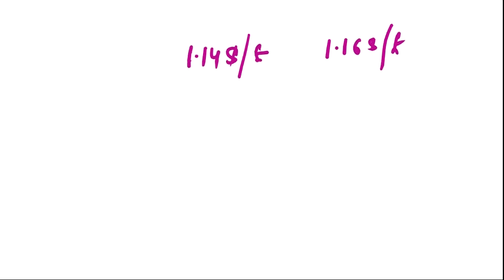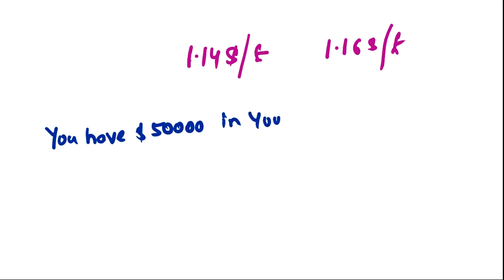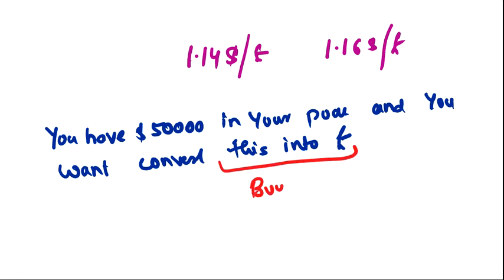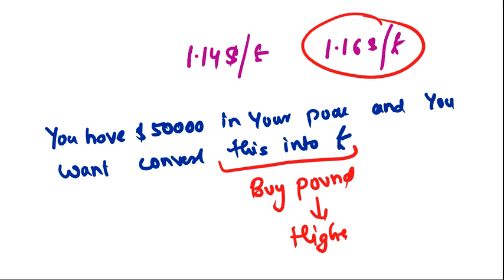Now write down, you have $50,000 in your pocket and you want to convert this into pound. You want to convert this into pound, which means you want to buy pound, and whenever you have to buy, you buy at a higher rate. Higher rate is this one.